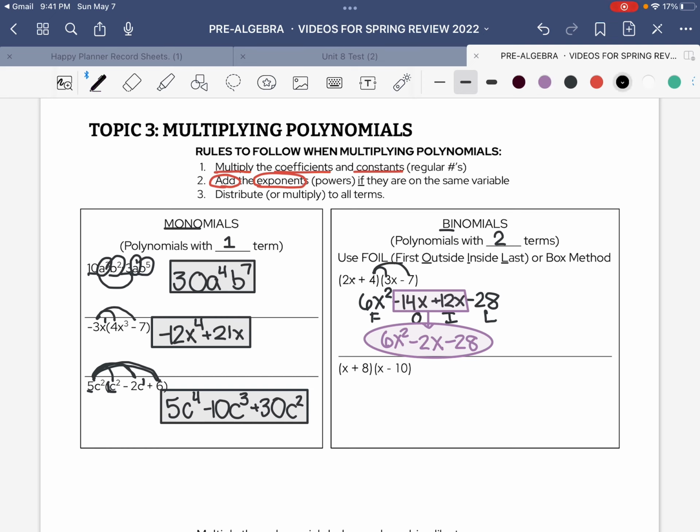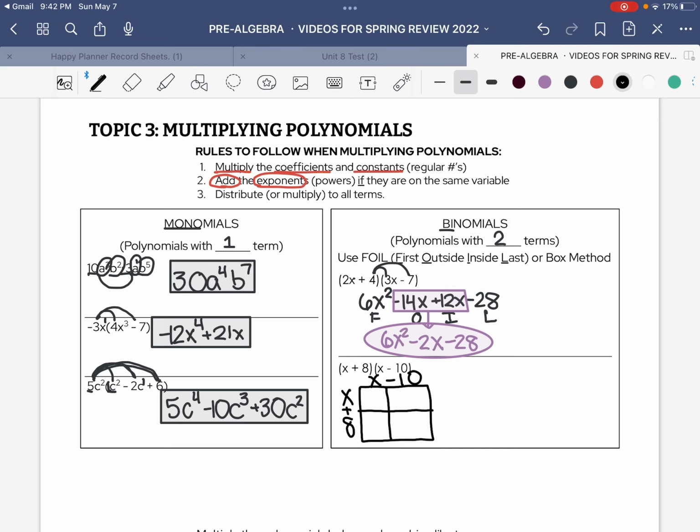Now, if you don't like that method, it can be a lot to keep track of sometimes. Here's the other method you are allowed to use. Draw a box like this and write x plus 8 on one side and x minus 10 on the other. Then draw a line after the x in a line after the x.